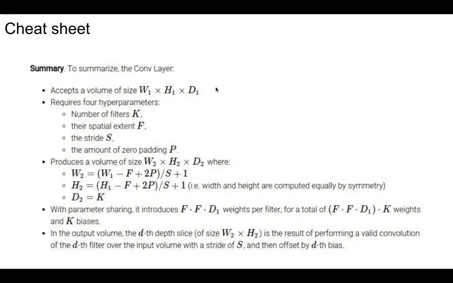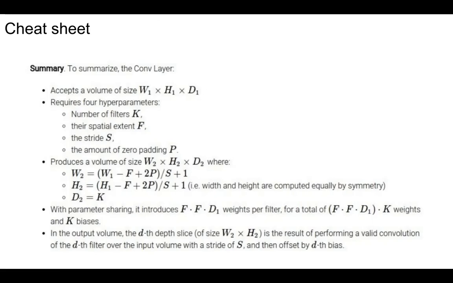Weights per filter come out to be 75, and for a total of 75 multiplied by, say, if we are using 6 such filters, yes, it's true. If you just take K common, it will be F cross F cross D1 plus 1, into K. So 75 plus 1 into 6. Correct.